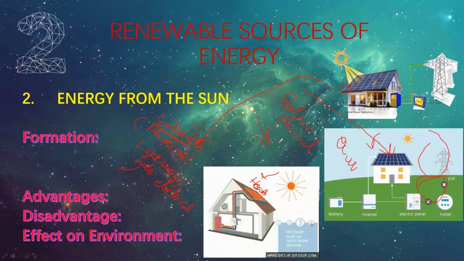So that is one disadvantage. Second, for a continuous or steady supply, we must use batteries to store the energy, because at night there is no solar energy available, so we need to store it first.